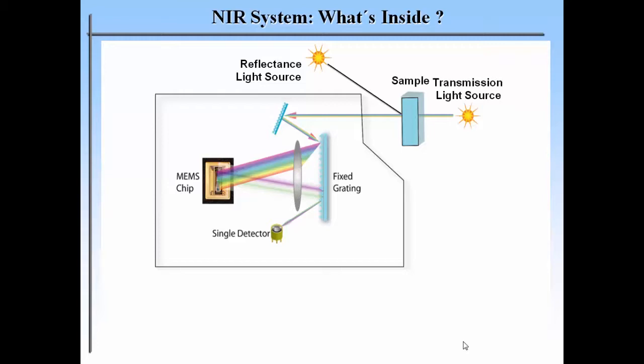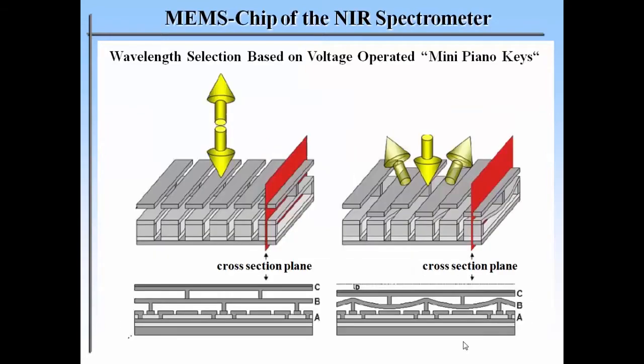The MEMS chip works like a mini piano, relatively easy. You have dispersed already the radiation here on the MEMS chip. And these individual piano keys are operated by a voltage. Like the piano player pushes it down, you apply a voltage, it goes down, and then it allows a specific wavelength to be deflected.